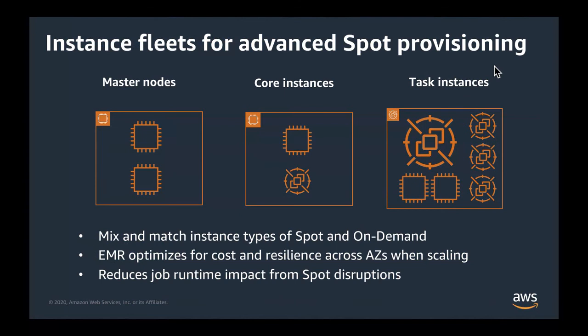If you have that flexibility, it opens a lot of possibilities for you. Again, in the beginning, you can even look at multiple AZs, but even when the cluster is running, it can look at multiple instance types within that AZ, and that's a big plus for you, and gives you a better Spot experience. So that reduces the job runtime impact from Spot disruptions, as we talked about.